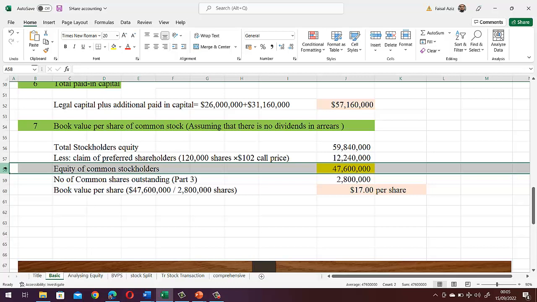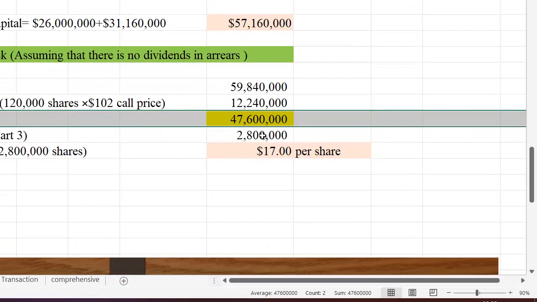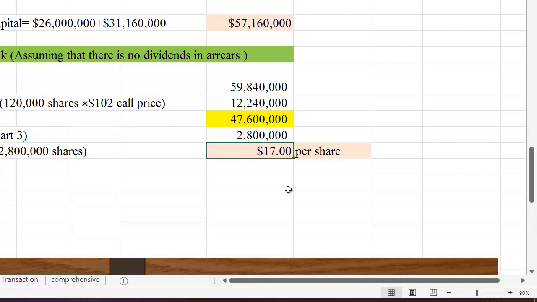So common stock equity, we need to divide it by the number of common shares outstanding, which we have already calculated in the previous requirements. After dividing the common stockholders equity by the number of common shares outstanding, it will give us the book value per share.